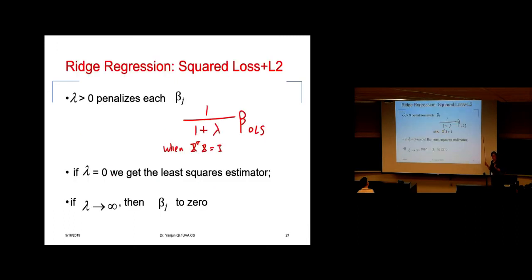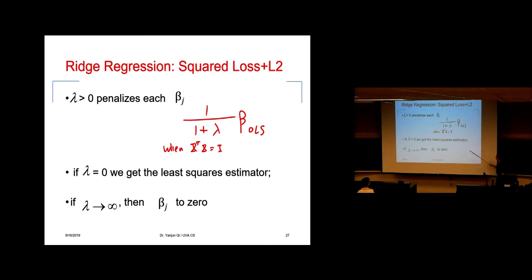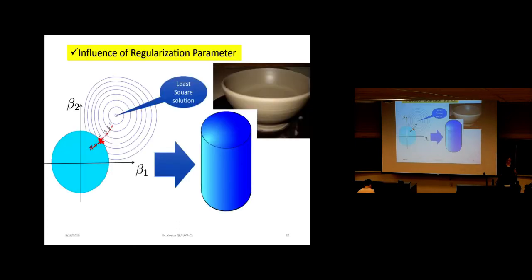And when lambda goes to infinity, what is it? Beta shrinks to 0. It's still a little bit hard to understand. So, the influence of the regularization parameter.